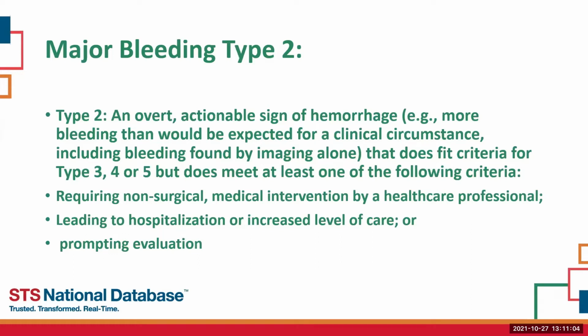So type 2 would be yes, they have to go to the ER or they have to go to the doctor's office, and some kind of action has to be implemented to stop the bleeding.